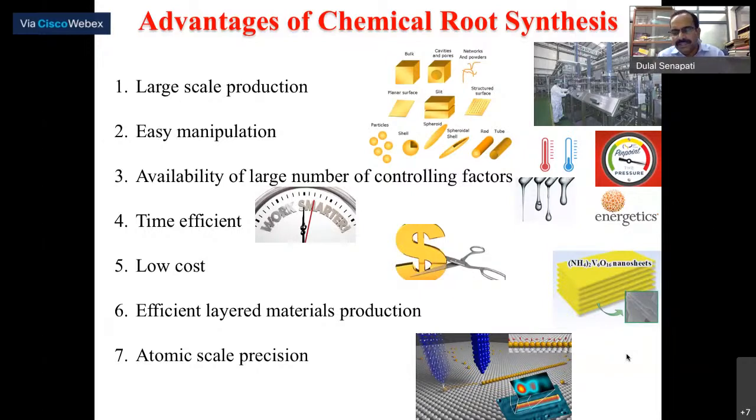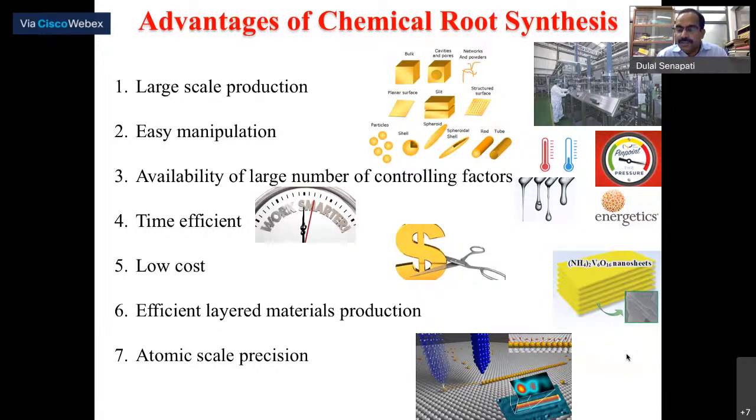So by changing these physical and chemical conditions, we can easily manipulate the structure as well as the composition. The shape, size, composition, everything we can manipulate. So that is the availability of a large number of control factors. Okay, that's fine. And then the time efficiency. So like for anything like top down method.